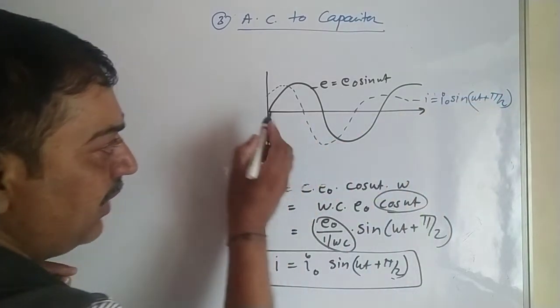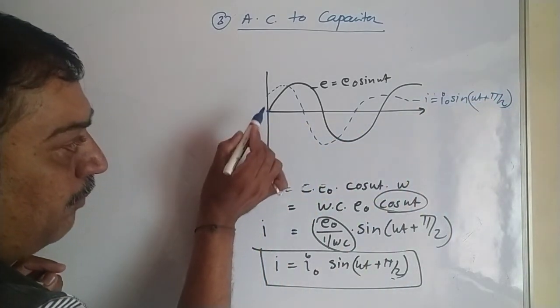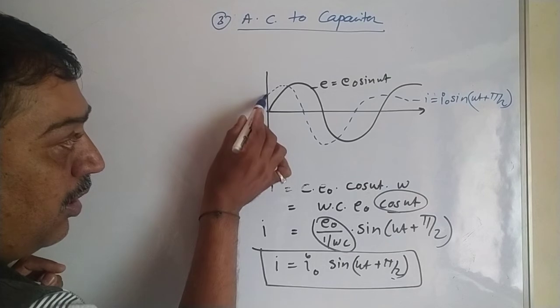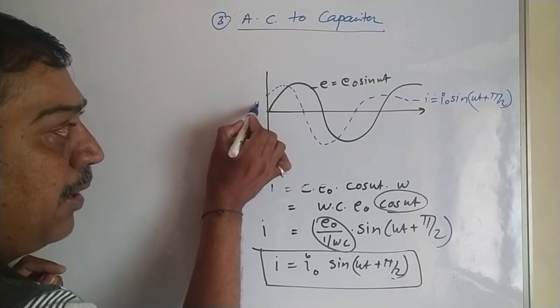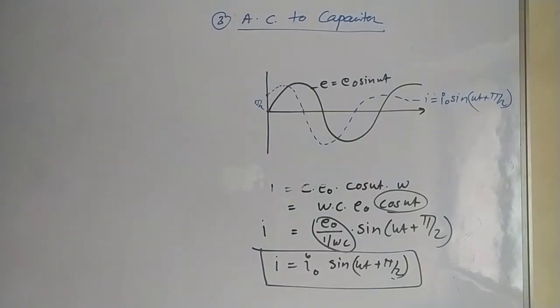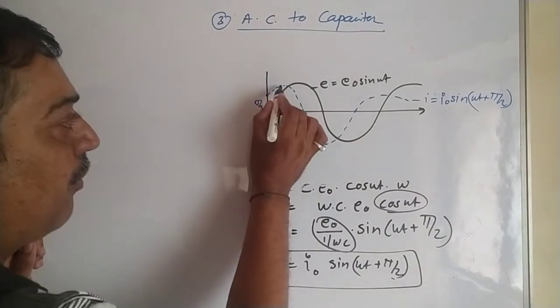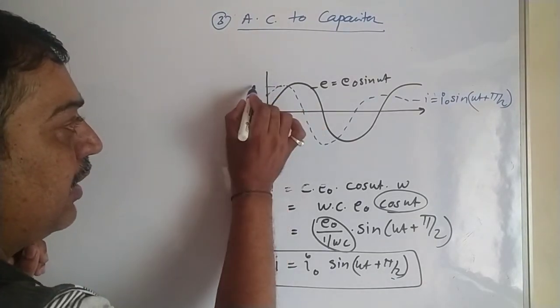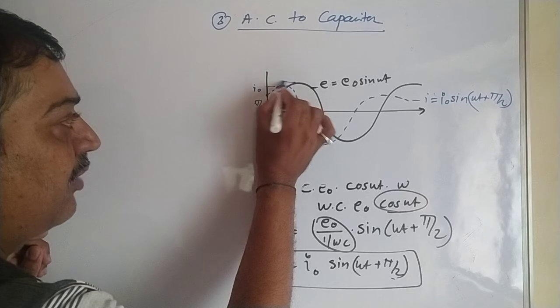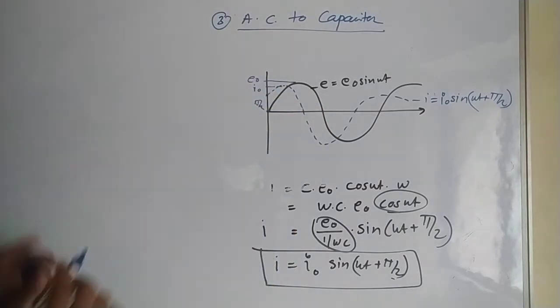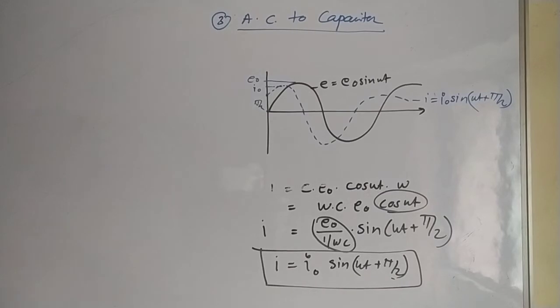From this what can we say? EMF is here, current is here. Current leads the EMF by pi by 2. That is the waveform we have drawn. The peak of current is I0 and the peak of EMF is E0. These are the peak values of current and EMF.